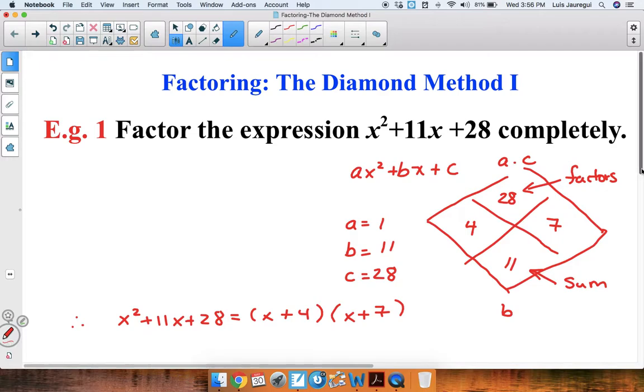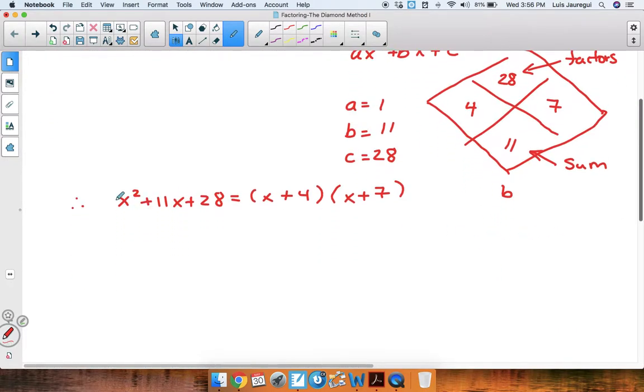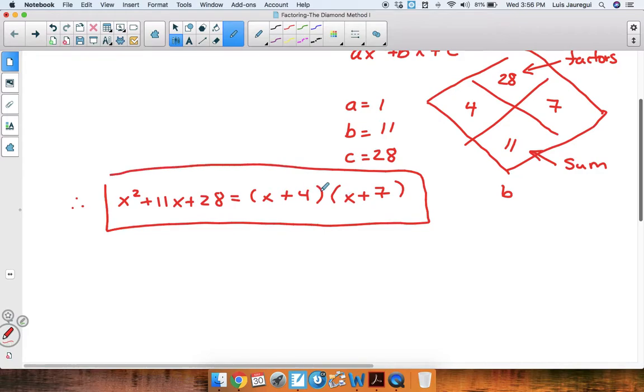And we can actually check this by doing the reverse operation here. We can multiply out these two binomials and we should be able to get this particular expression. You can double check that by doing a Punnett square. So here we have our Punnett square, and we can see that this is x plus 4 times x plus 7.